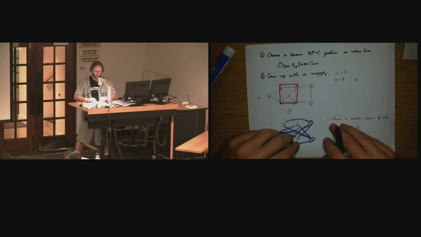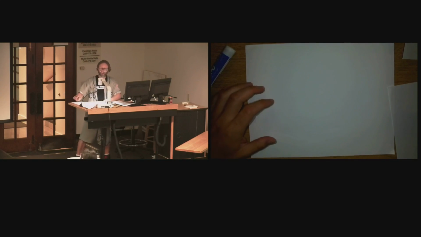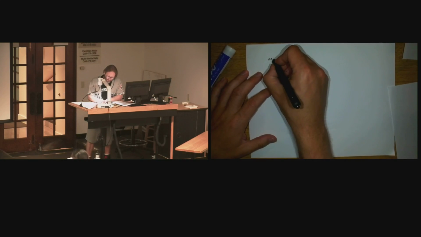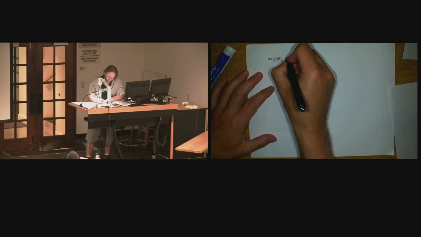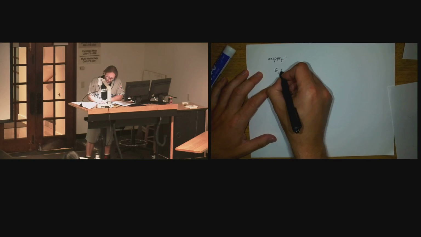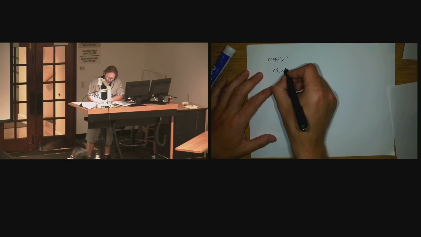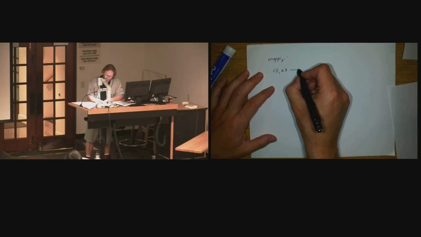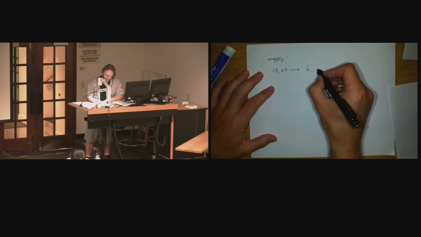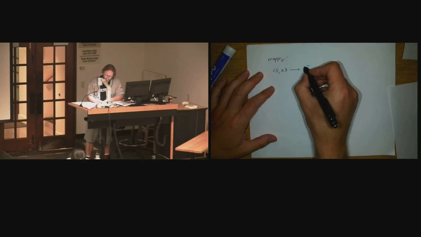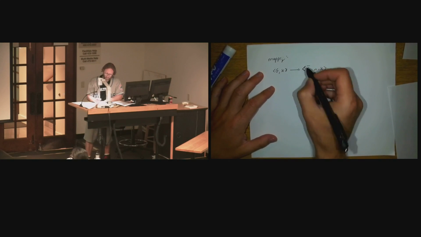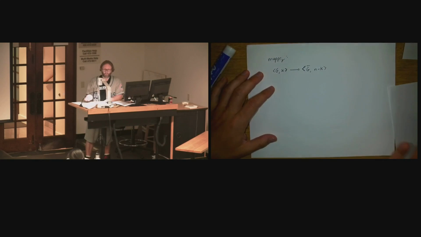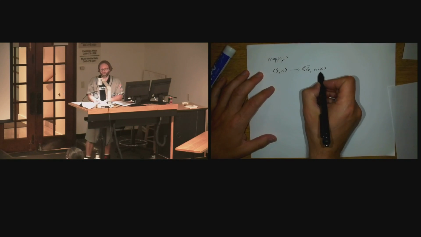So our mapping will be inspired by this. The mapping will be taking a graph G and an integer k, and we're going to map it to G complement and n minus k. And you know how to take G complement. You just flip all the edges. Right? And of course, you can do this. Everybody can do subtraction.